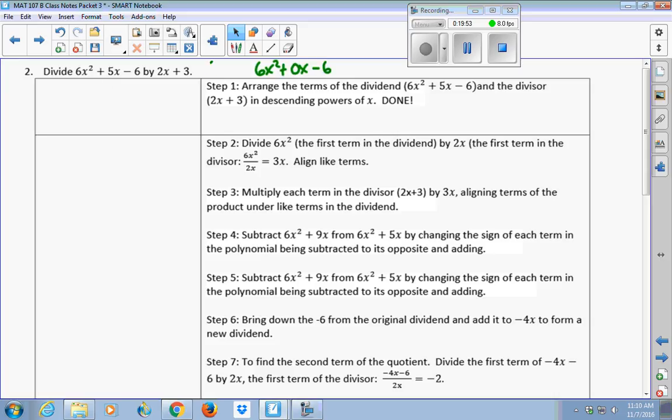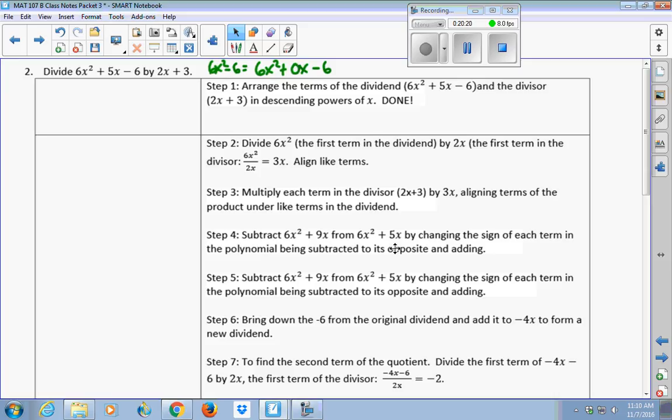So if it was 6x squared minus 6, before you divide it, you have to put it in descending order, and every single power needs to be represented, every decreasing power, by putting a 0. Just like if you had the number 106, you would write 1 in the hundreds place, 0 in the tens place, and 6 in the ones place. The same thing is true for long division.